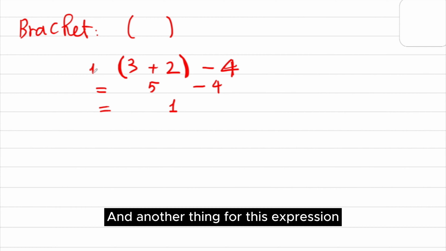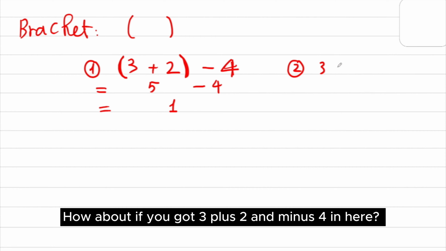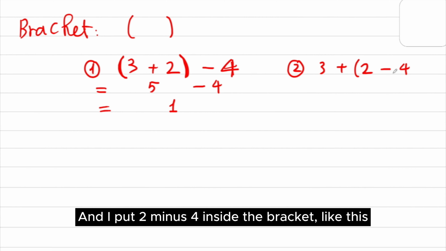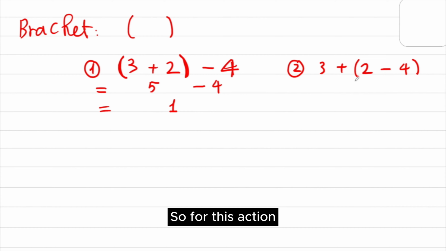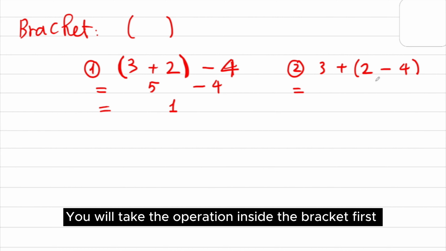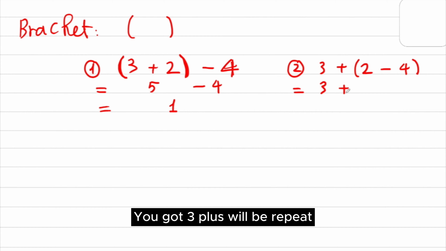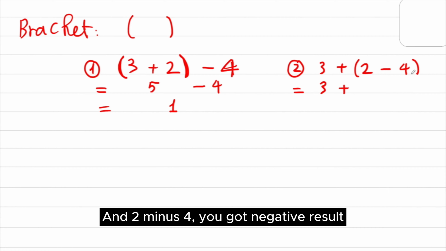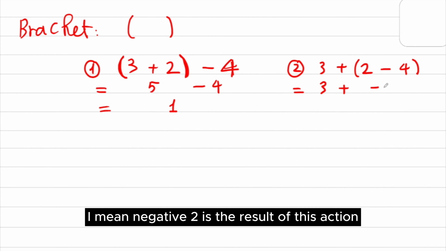Another thing for this expression: how about if you have 3 plus, and I put 2 minus 4 inside the bracket like this? For this, you take the operation inside the brackets first. You repeat 3 plus, and 2 minus 4 gives a negative result, negative 2.